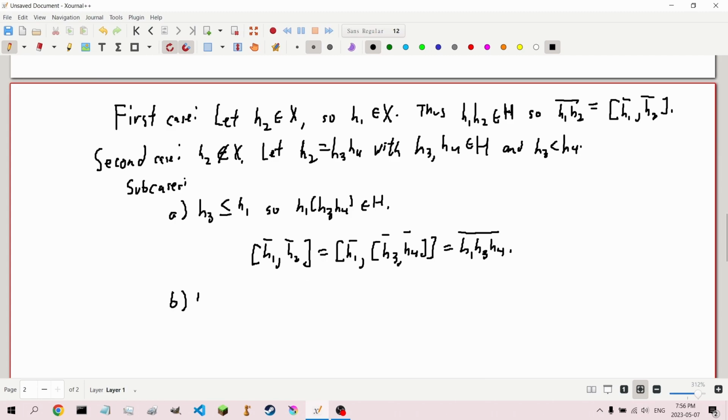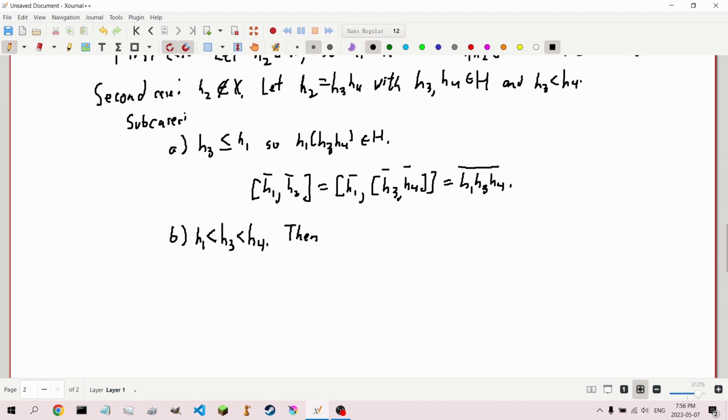And B, h1 is less than h3, which remember is by construction less than h4. Then we get the Jacobi identity as [h1, h2] equals, as above, [h1, [h3, h4]].